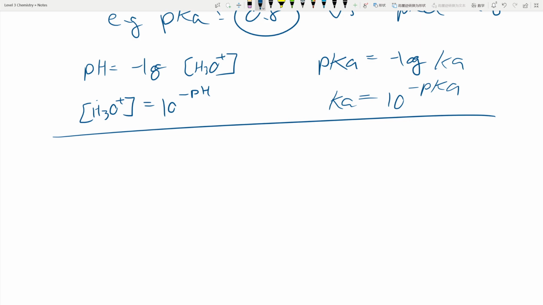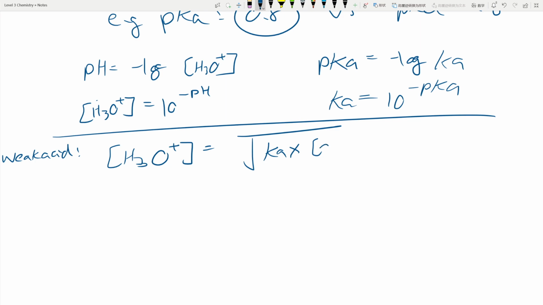This particular method you might need to be able to use, because sometimes they give you the pKa, so you need to convert the pKa to Ka. Let's say this is a weak acid calculation, and you know the equation, H3O plus equals the square root of Ka times the concentration of the acid.